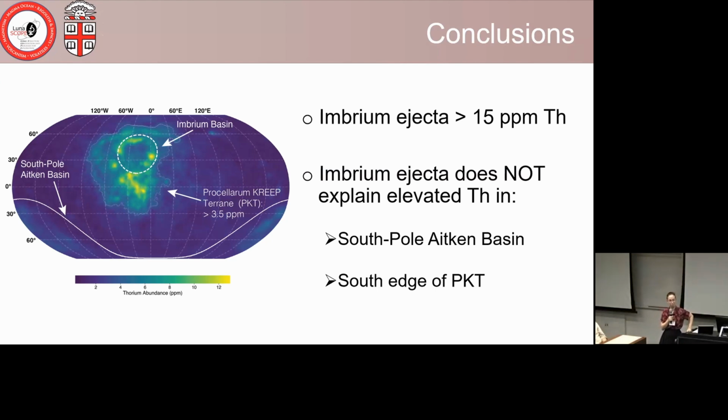Because the 15 parts per million, that's the Imbrium ejecta as a whole. So when you back out the source material that Imbrium had to impact, what are those numbers? They go up even higher, and as both you and Brad probably remember, if you try to back out the KREEP reservoir values, they go up significantly higher. I think we got values between like 47 parts per million and 120 parts per million, which really suggests a really, really thorium-intense KREEP reservoir.